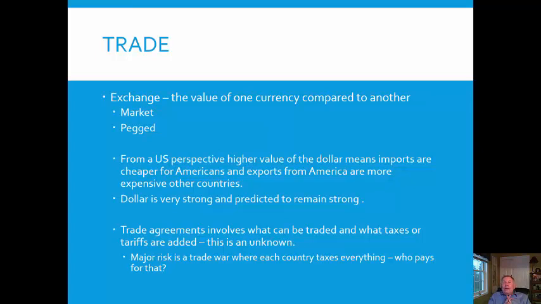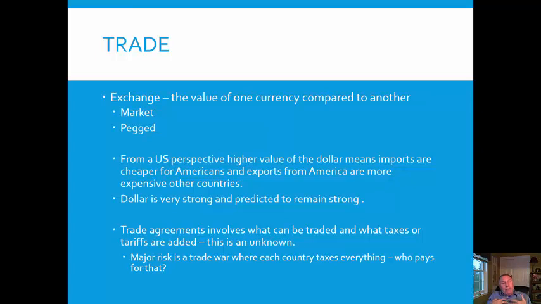Okay, so that means if we buy something from Mexico, from China, from Brazil, from England, wherever, that is going to be cheaper for us as Americans to buy. Thus, we will want to buy more, making that number more negative, reducing our GDP.